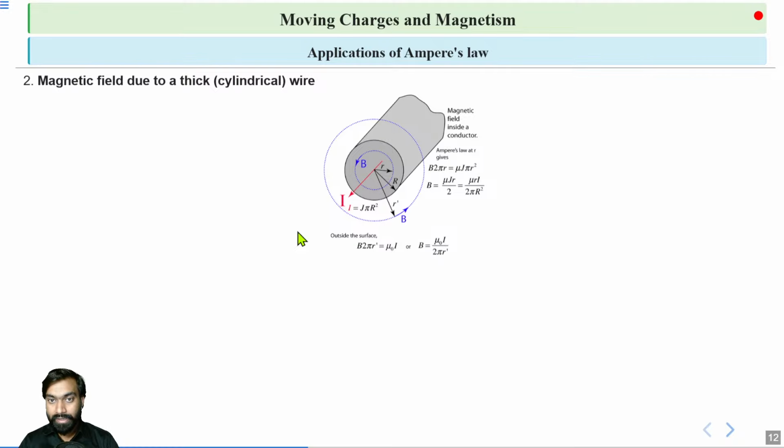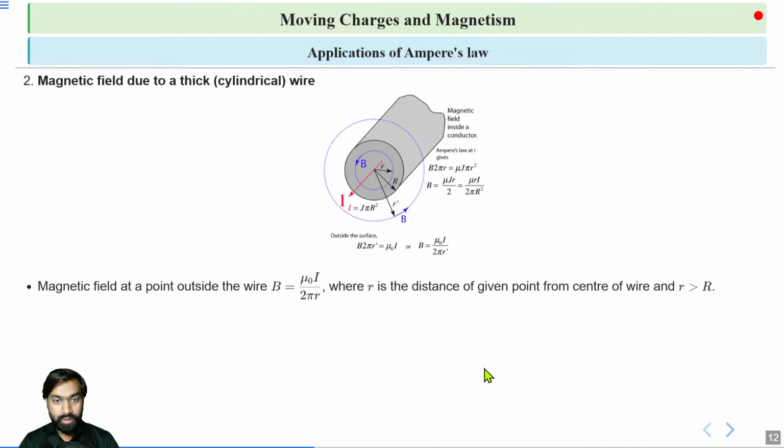The magnetic field lines are shown as circles around the wire. The magnetic field formula inside the wire depends on small r, while outside it depends inversely on r prime.